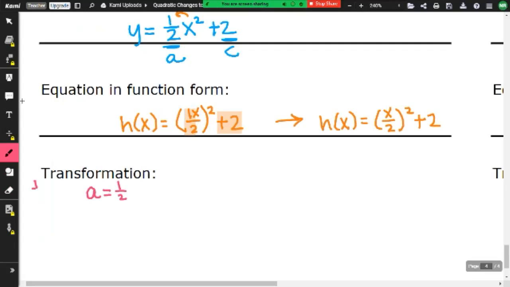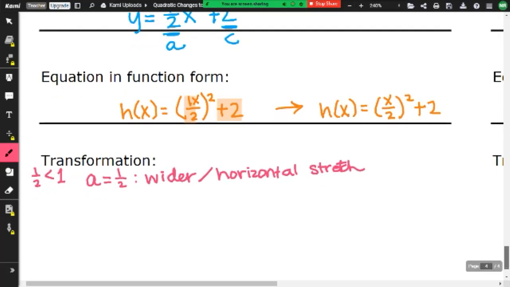How does 1/2 compare to the number 1? It's less, it's smaller. So if it's smaller, what's the transformation? It's getting fatter, which we use the word wider. Horizontal stretch. And horizontal stretch is the phrase that you'll see on your assignment, not stretch.